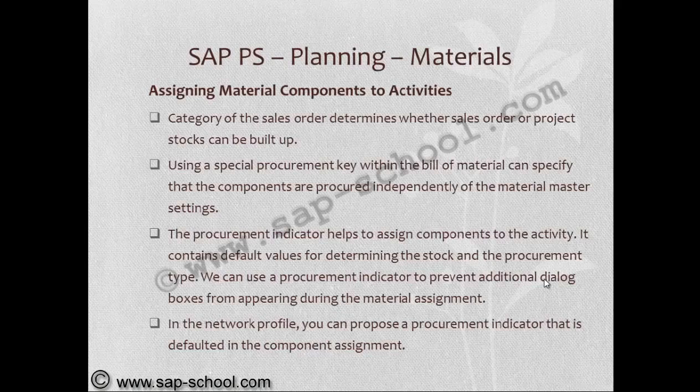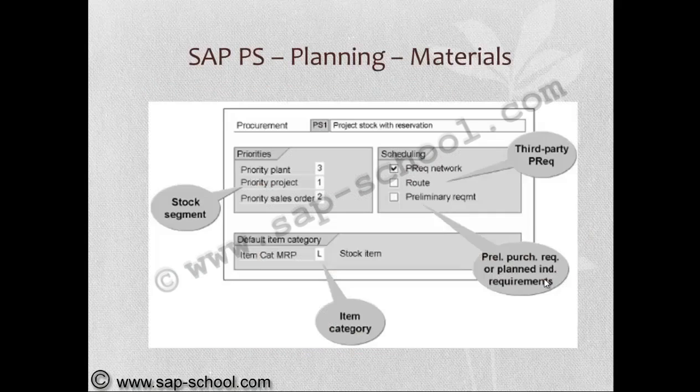In the network profile, we can propose the procurement indicator that is defaulted in the component assignment. So we can see in the network profile we are assigning a procurement type, procurement indicator we can say. Suppose in this example we have assigned PS1, so it is indicating purchase requisition for network, and the default item category of the material and the priority of the stock items.